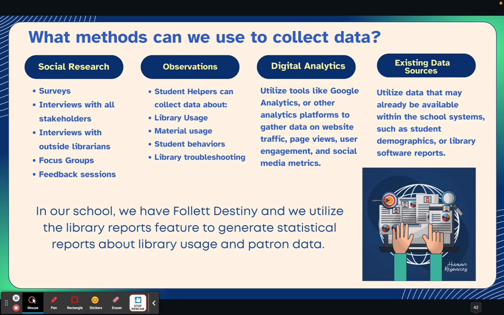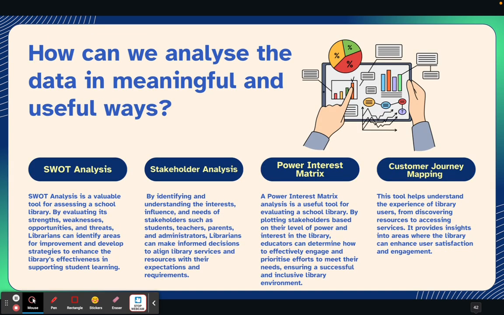And these are the methods that I use to collect the data: social research, observations, digital analytics, existing data sources. And then these are the analytical tools that I used: a SWOT analysis, stakeholder analysis, power interest matrix, and a customer journey map, which I thought was very useful.